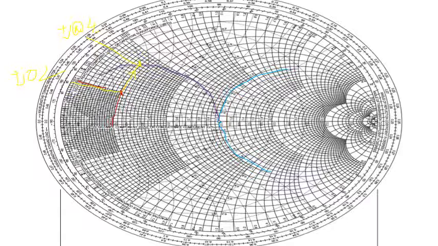So after finding this plus j 0.2, I want the value for inductance, capital L. You are telling me the answer in terms of omega L. I'm not interested in omega L. Always the formula says, omega L is equal to whatever value you got, 0.2, right? If it is a series connection, it is always multiplied by Z0.